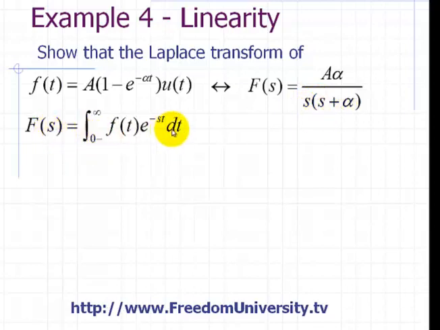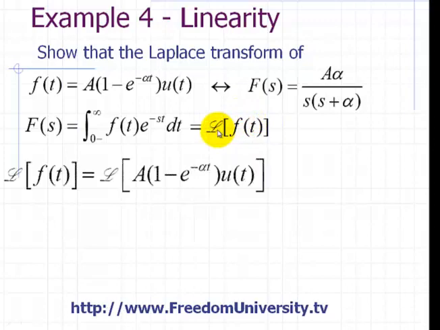So we're going to use our definition of the Laplace transform, denoted by the subscript L. So we're operating on f of t with this mathematical operation L, the Laplace transformation. And the Laplace transformation of f of t is just a direct substitution of our definition of f of t.